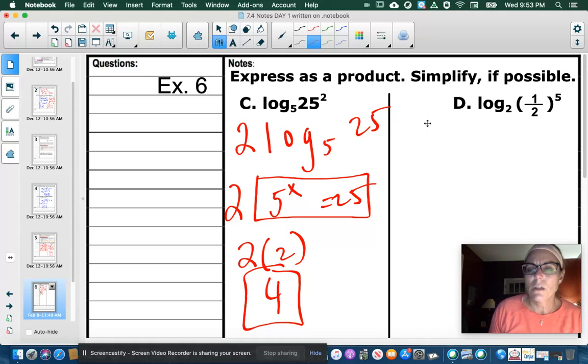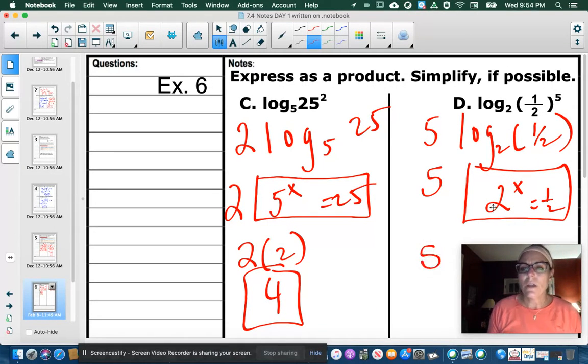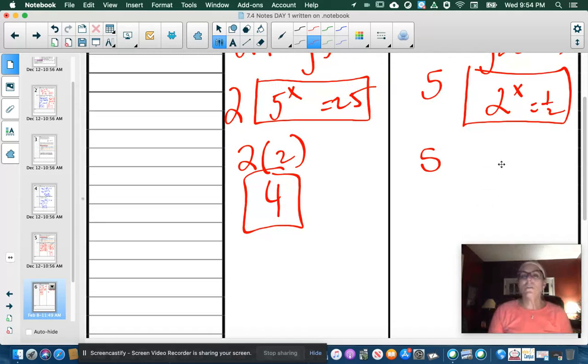And here, 5 in front. 2 to what power is 1/2? Well, we did a reciprocal, 1 over. So we know that then the x value is going to be negative.